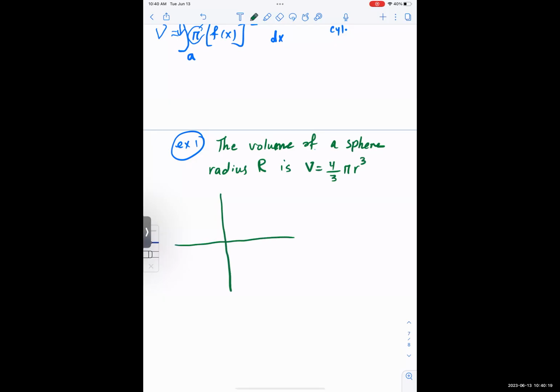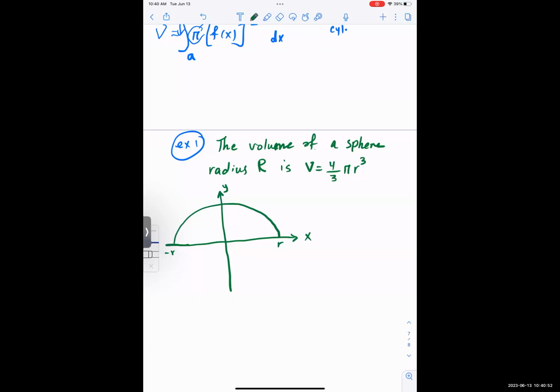So let's do this one. Do you agree that in order to find the volume of a sphere, I can have a half circle and I can rotate that along the x-axis? So I can have a semicircle of radius r, and then I rotate it along the x-axis.